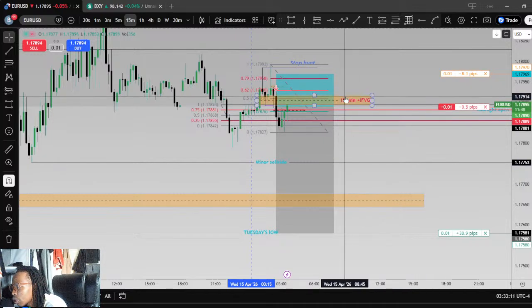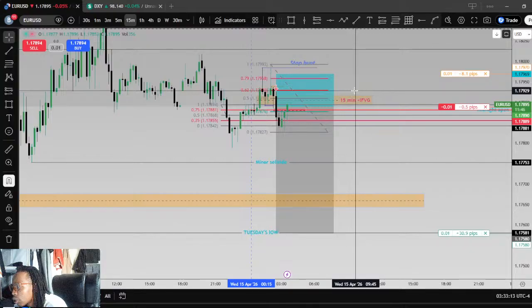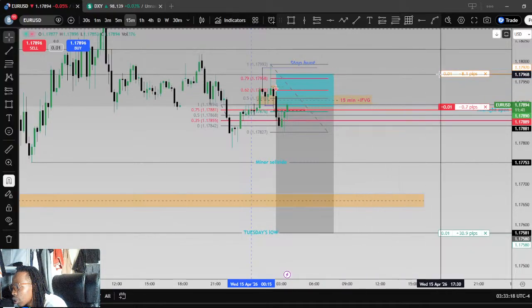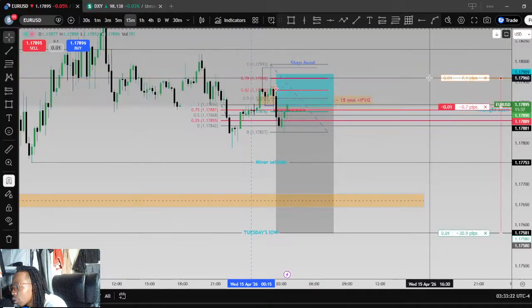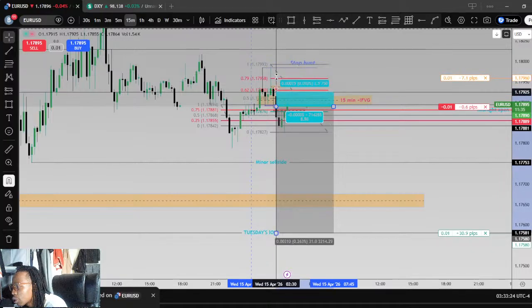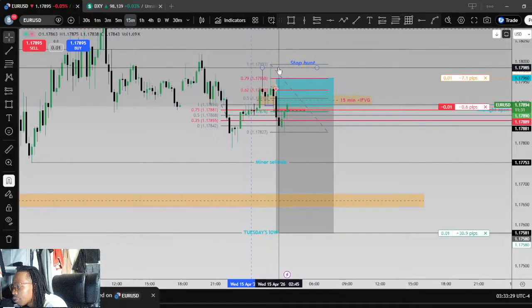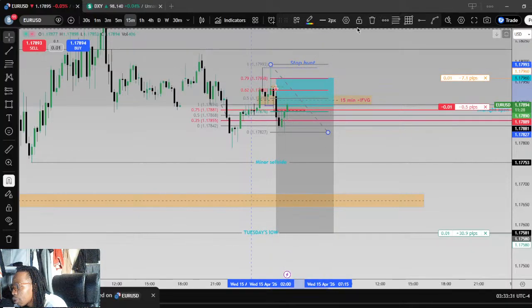So 50% is here, 62%, 79 retracement about there. So just reduce my stop loss to 7 pips right there. So keep on holding.